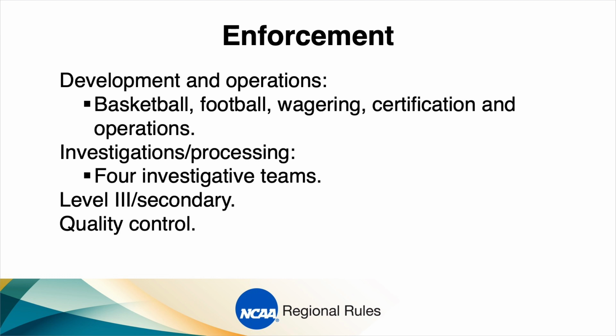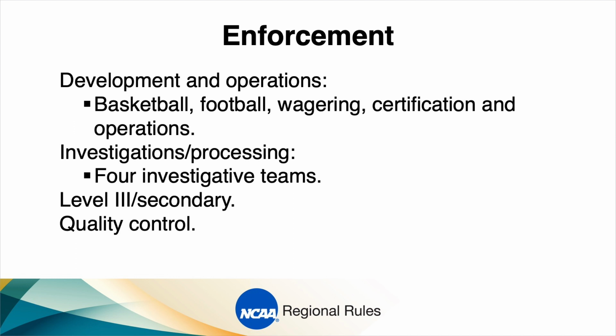Our investigations and processing group includes staff who are charged with working with the NCAA membership to investigate potential major or Level 1, Level 2 violations across all divisions and all sports. If violations are substantiated, these staff also process these violations through one of the resolution paths through the Committee on Infractions.